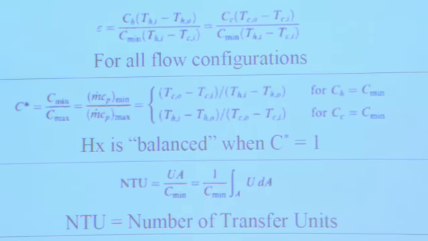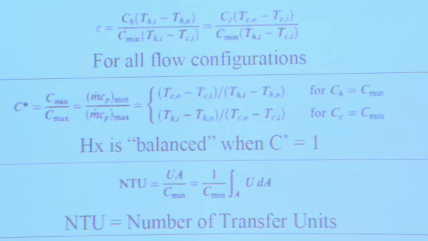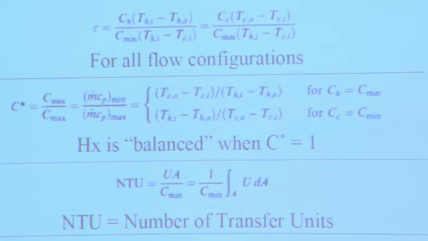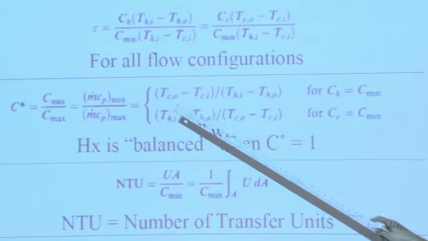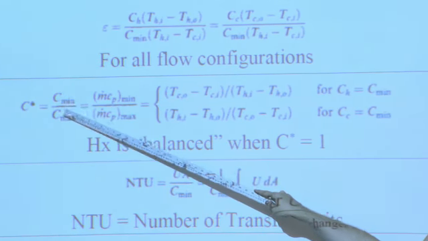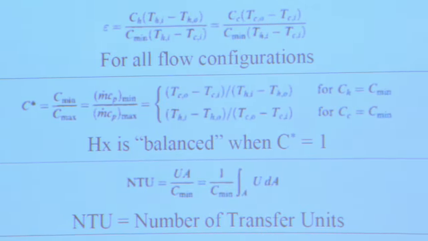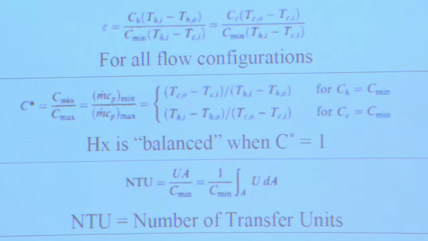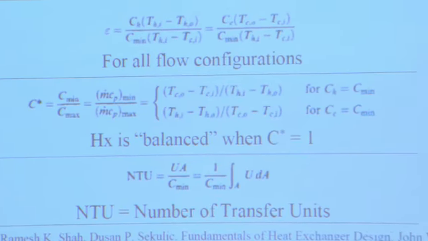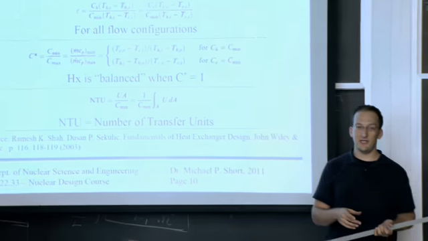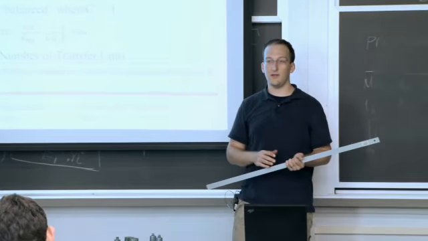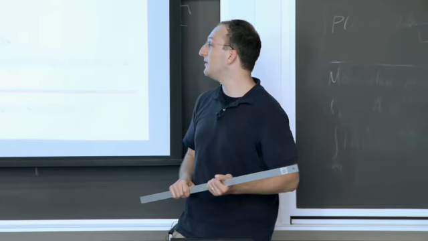Can one fluid give or take all of the heat from another fluid? C star is just a ratio between the minimum and the maximum capacity rate. One is for one fluid, one's for the other. If C star equals 1, it means that one fluid can give up its heat just as fast as the other can take it. If not, then you could be wasting some heat.